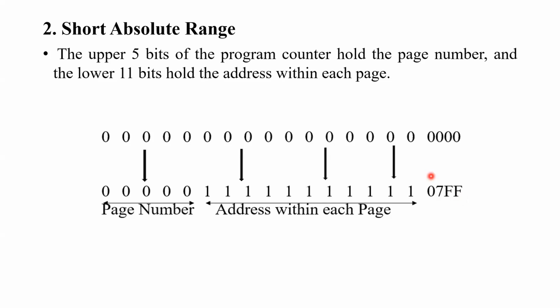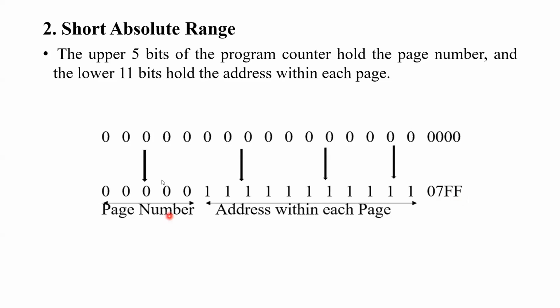The collection of pages is nothing but 200 pages. Similarly, we have 2 kilobyte pages, 32 of them, and the collection of that is nothing but the 64 kilobytes of program memory.